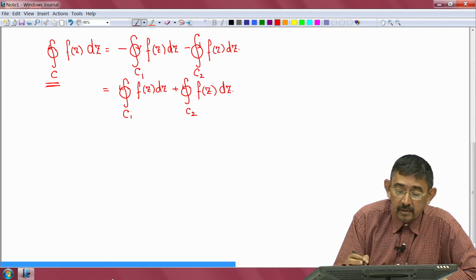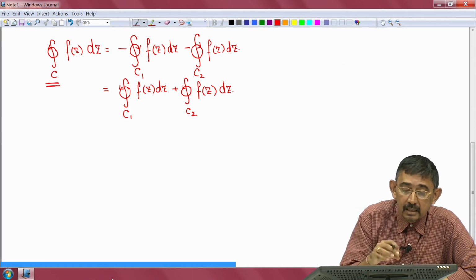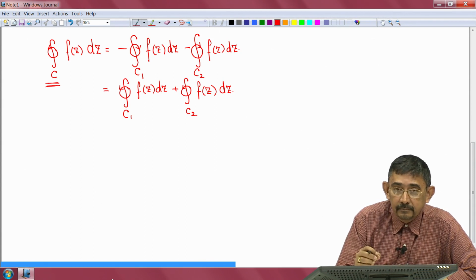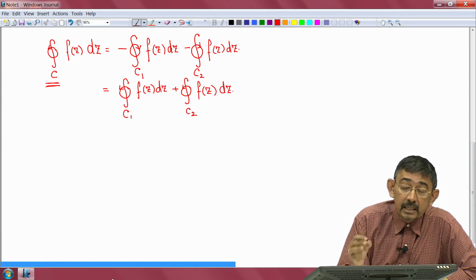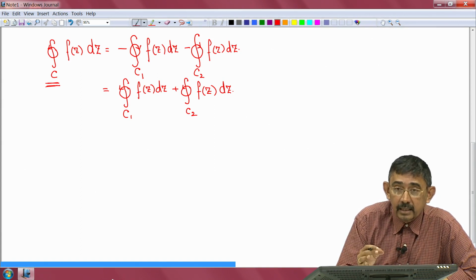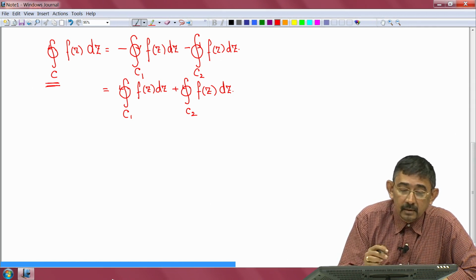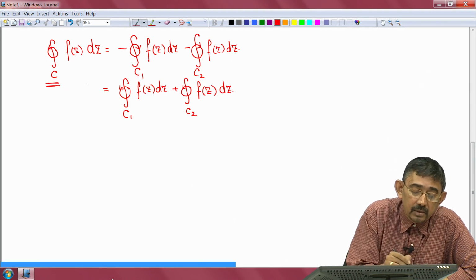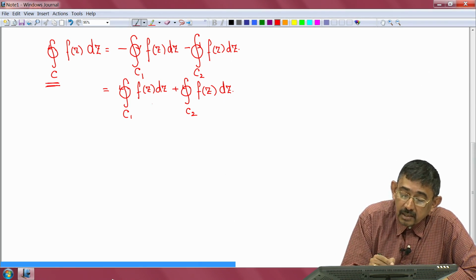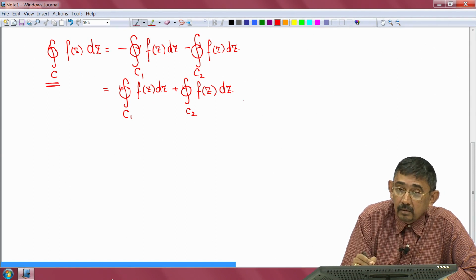Okay. So, if I have a large number of these regions inside C, where the function interior to these contours is not analytic, but it is analytic on those contours and between the outer contour and these circles, then the integral over the outermost contour is equal to the sum over the integrals of all the contours inside.